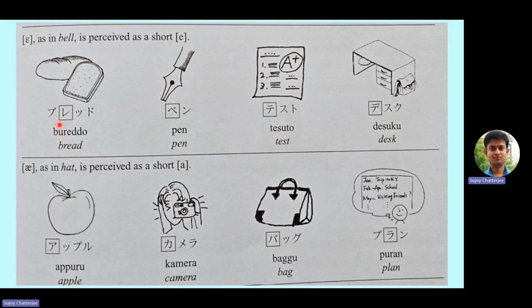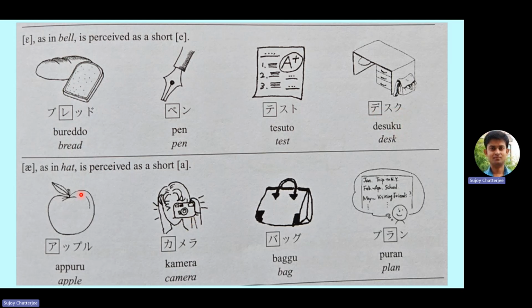For now, this re sound is the one of interest here. Bread will be bureddo, pen will be pen, so pe sound. Test, tesuto. So te, su, to. Why it is to and not tu, we learned in the very first slide of the lesson, so you understand that. Test becomes tesuto. Then desk is desuku. So here it is ku.